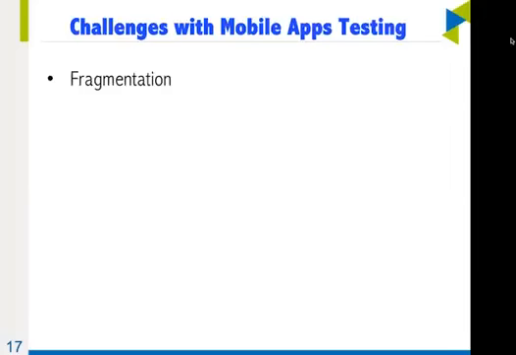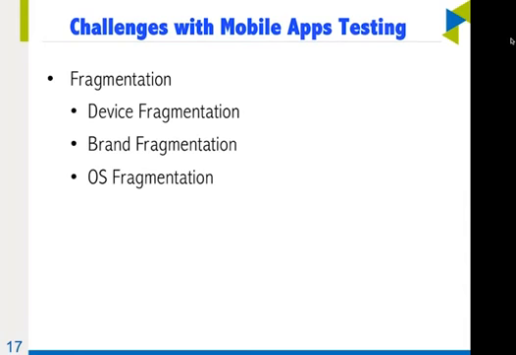Okay, so the first issue is fragmentation. There are three types of fragmentation that we are dealing with. First is the device fragmentation, the other is the brand fragmentation, and the third one is the OS fragmentation.